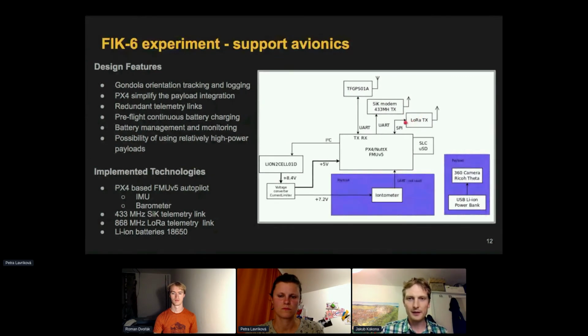The payload is connected by a UART link. It is at the bottom of the scheme, and this design features gondola orientation, tracking, and logging. The use of the PX4 stack simplifies the payload integration, and redundant telemetry links improve overall safety of the flight.